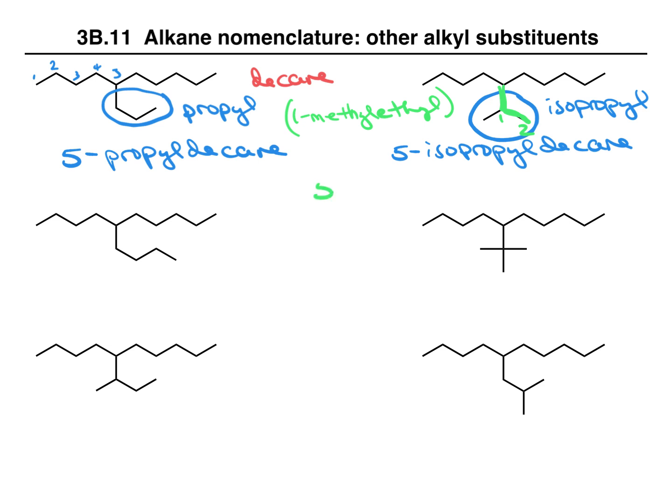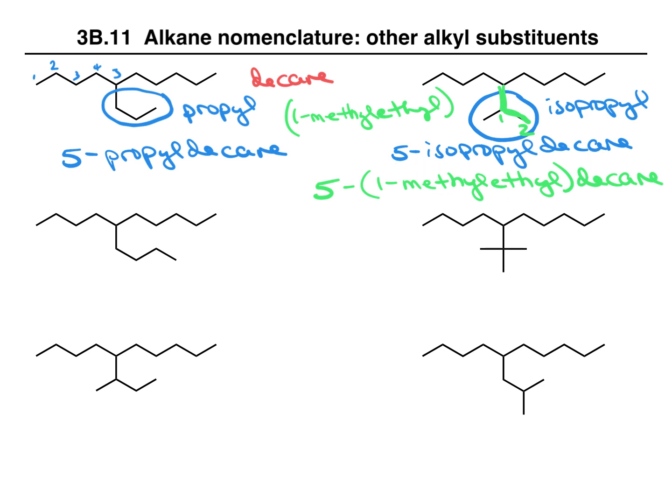So at carbon 5, we have parentheses 1-methyl ethyl, close parentheses, that's the end of the name of the substituent, and it's off of carbon 5 of decane. So 5-(1-methyl ethyl) decane. You will see this used. I'm going to stick with the combination of the common name with the overall IUPAC system.